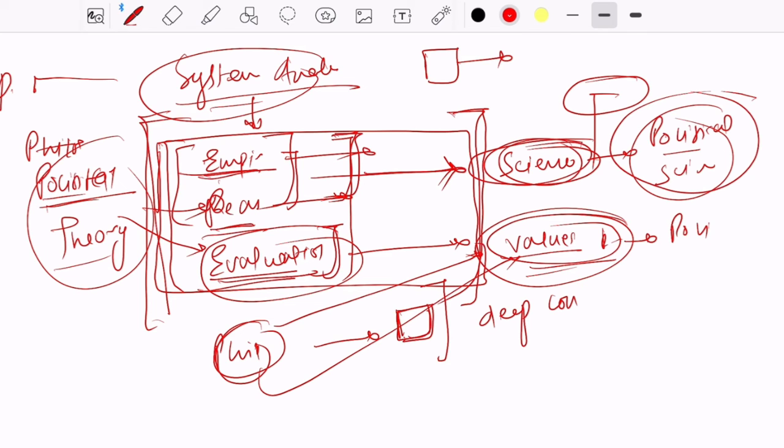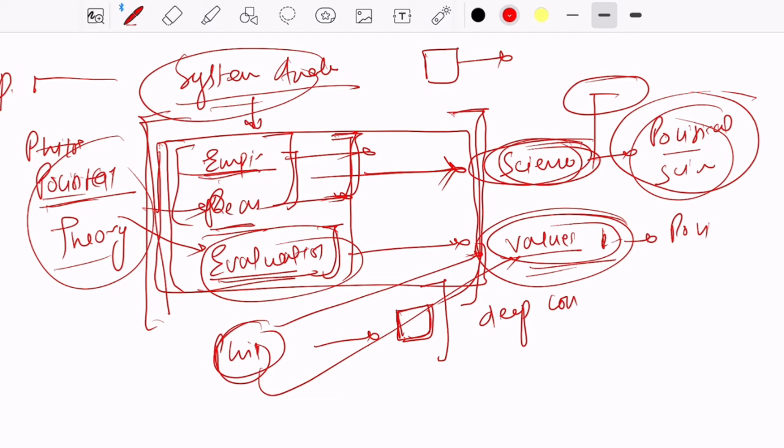And if you look into the definition of political science, it tries to form a generalized conception based on empirical analysis, based on facts, cause and effect relationship, based on quantitative judgment.